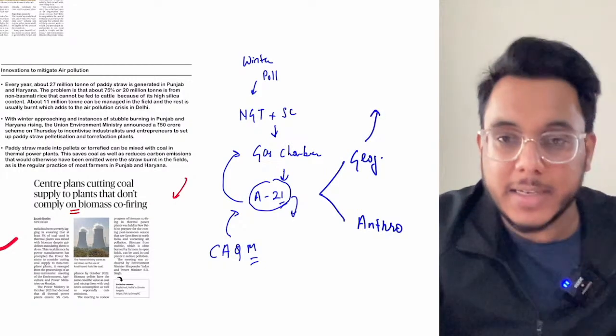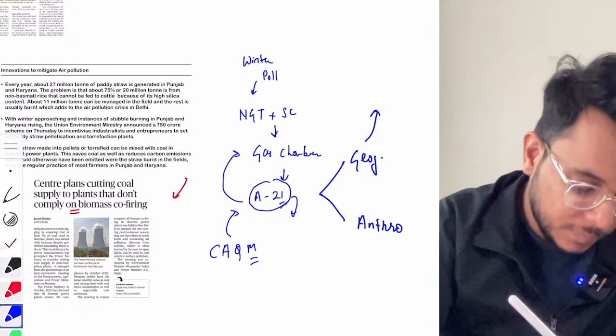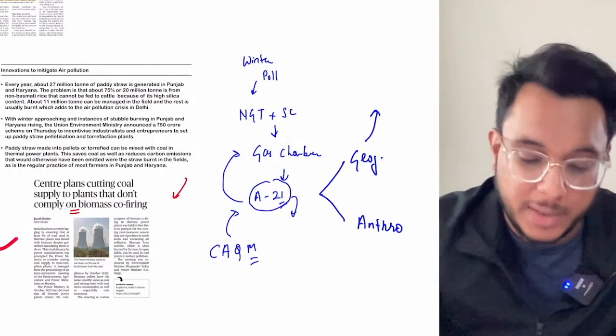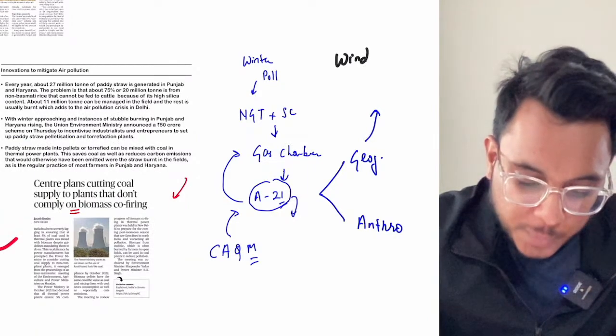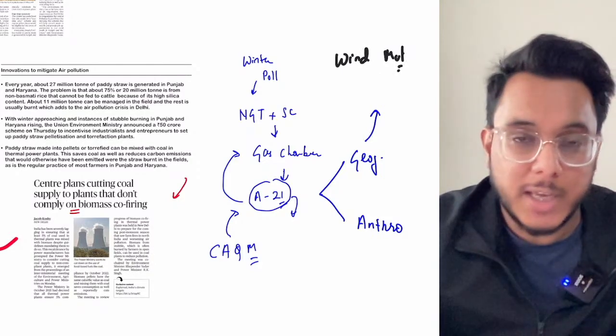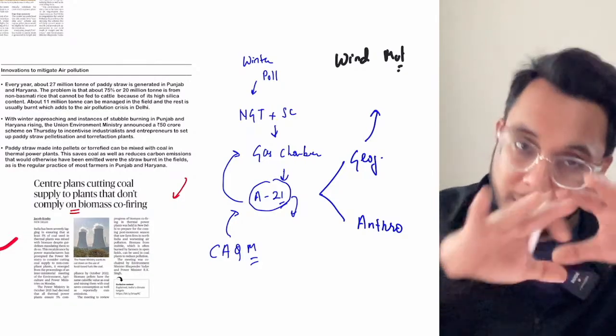What are the geographical factors? Around the months of October and November, the wind movement is very slow. Very feeble winds are there. So when the pollution is there, it is not dispersed, and the pollution stays.